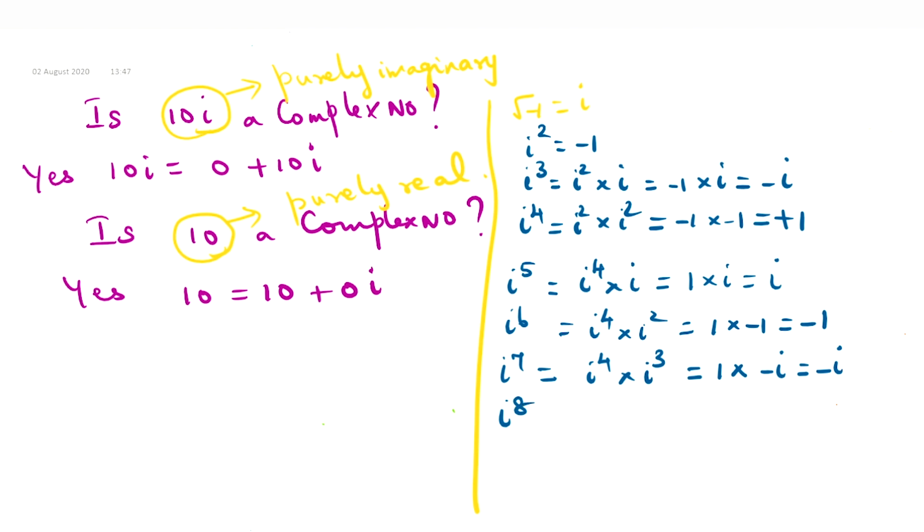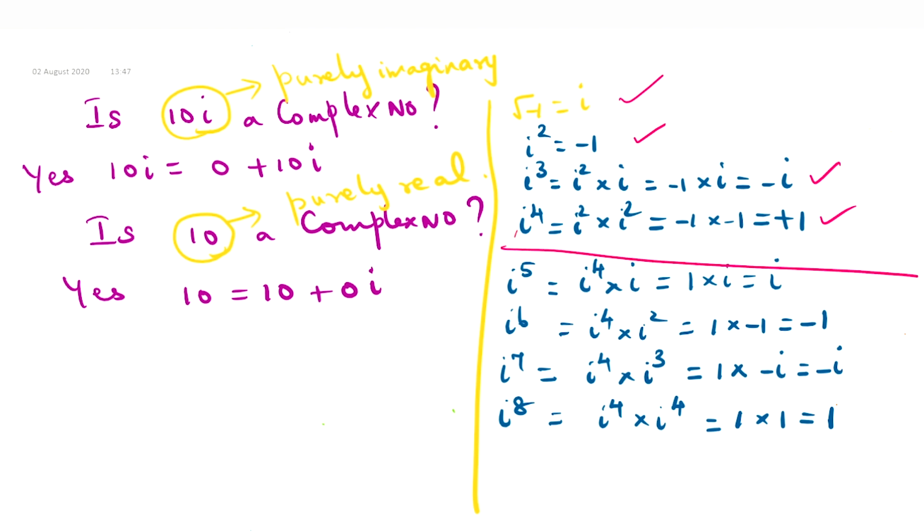What is i power 8? i power 4 into i power 4, that is 1 into 1, that is equal to 1. Now you look at the answers: i, minus 1, minus i, 1.